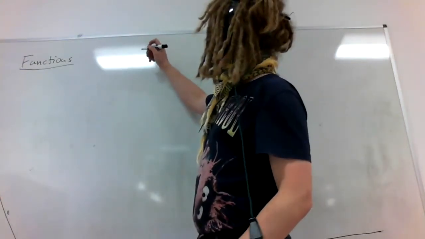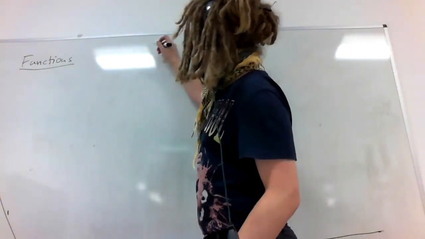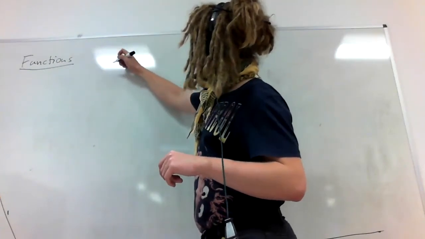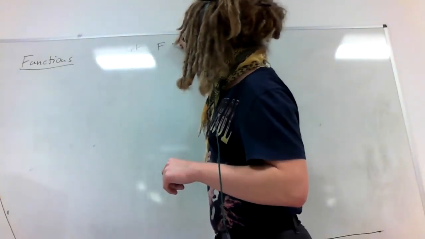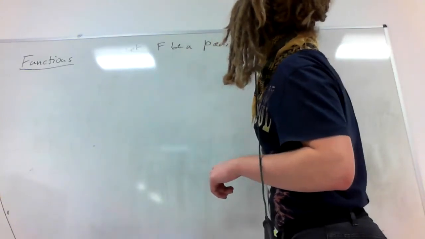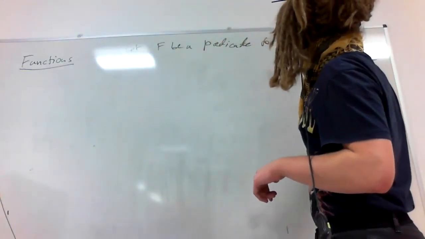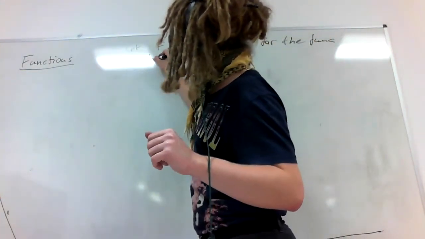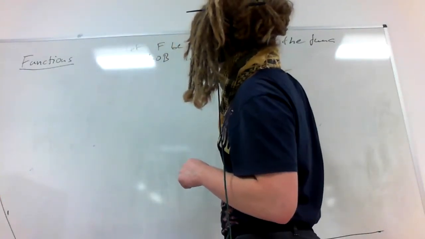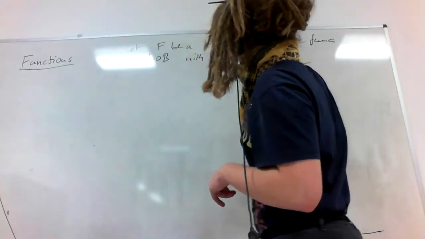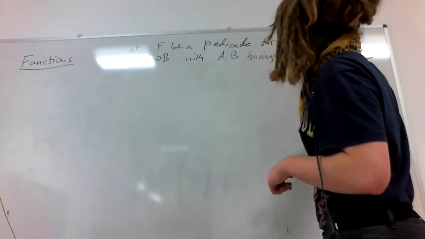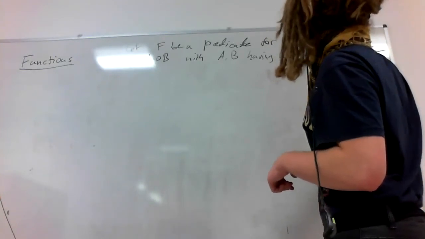So our overwhelming law again: let f be a function from A to B, with A and B having predicates with the same name.